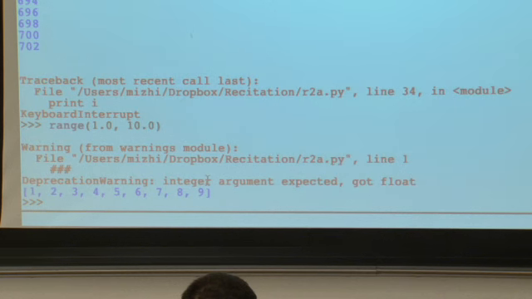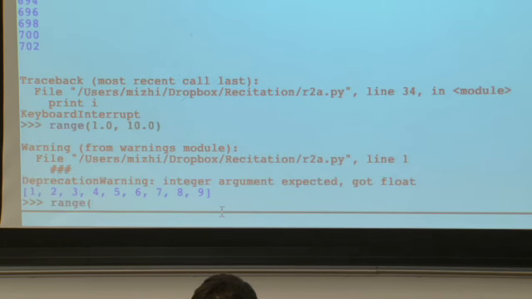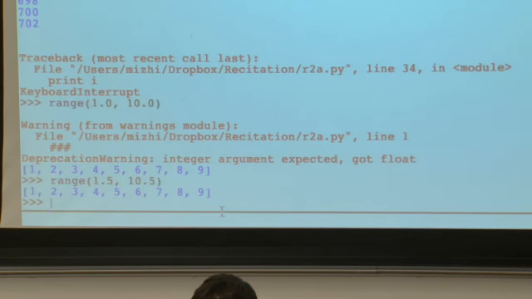But it also gives us a warning. It says that an integer argument is expected. So let's say I do this. Will this work? Well, it's going to truncate the floats. It's going to truncate the start to 1, and the end to 10. And then it'll just return the integers as required. So you can, but it doesn't work the way you think it would.